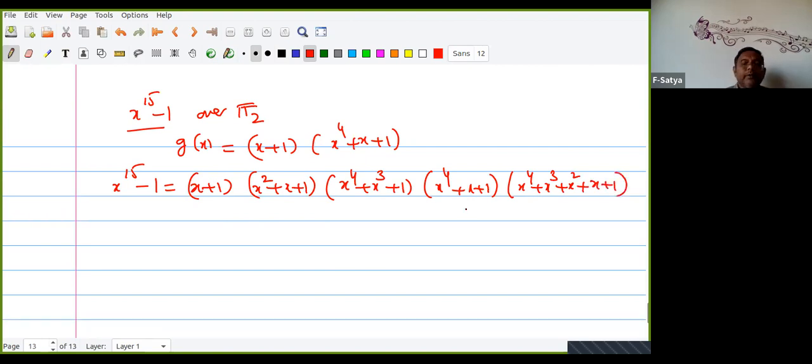All these are irreducible. You can check that it is exactly the product of this. So these two product is my g of x, right?